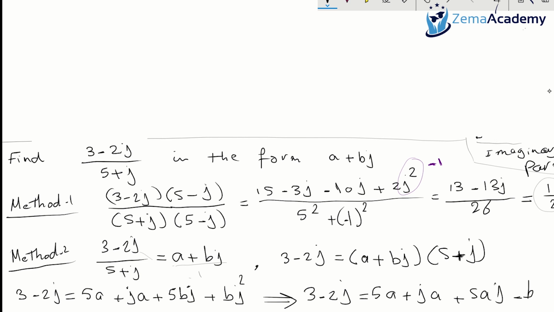How can I continue here? So you will have 3 minus 2j equals, you have a real number, which is 5a, and another real number, which is minus b.